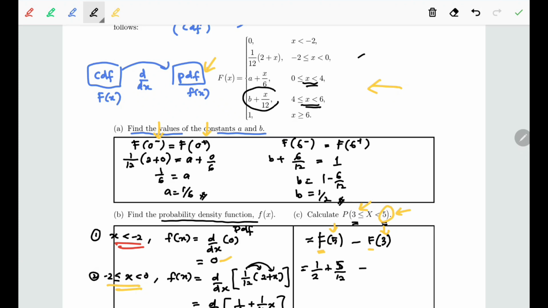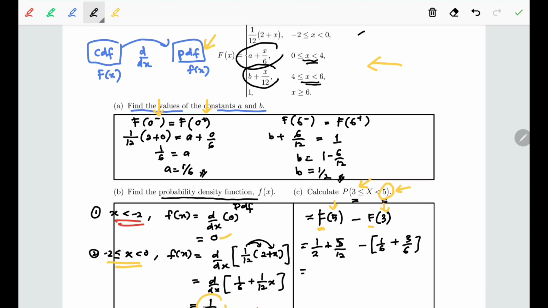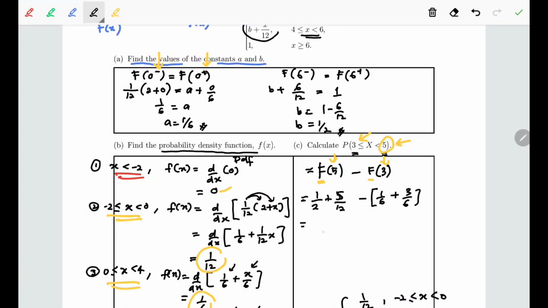So we are going to substitute into this one. It's a minus of a, where a is 1 over 6 plus x over 6, so x should be 3. Calculate at the end, you will get 1 over 4 as the final answer for part C. So that's all for the last example.